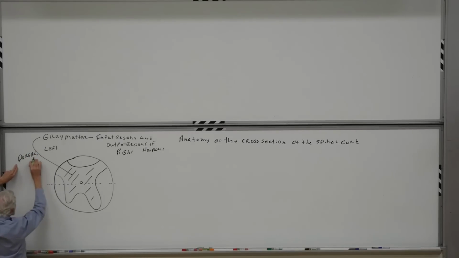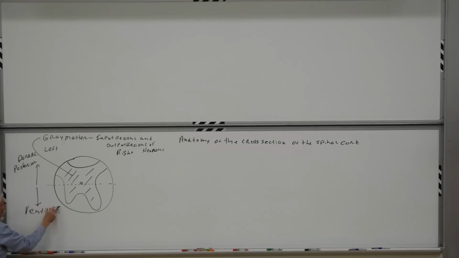The other name for dorsal that's more commonly used these days is posterior. But then from the midline, we can draw another arrow in this direction. And we can say everything below the midline is toward the belly. We term this toward the belly as ventral. Toward the belly is ventral or anterior.